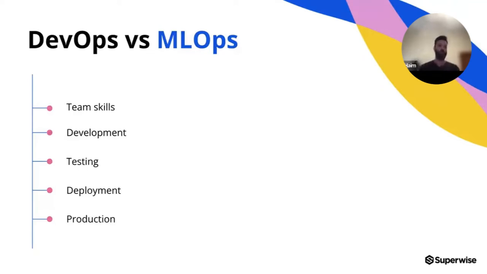The development is also different, because when you're developing software, you're focusing on doing it optimally and efficiently, and you're just running with the actual goals of your functions, of your development.